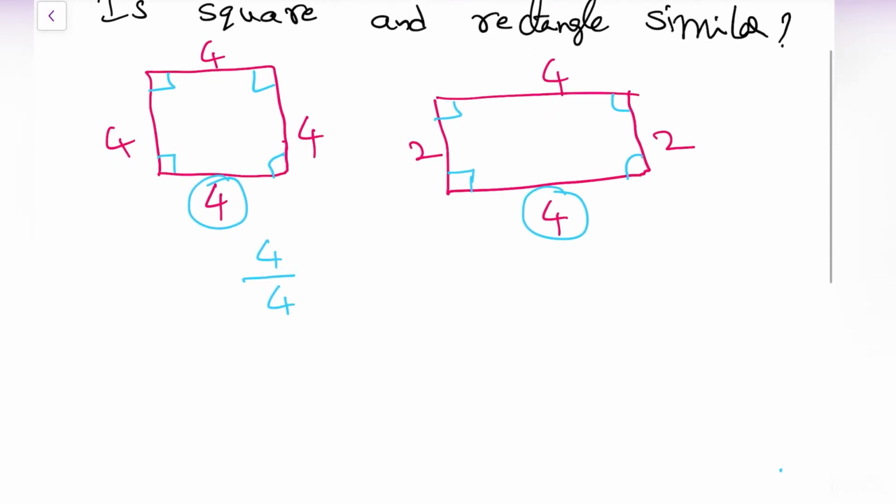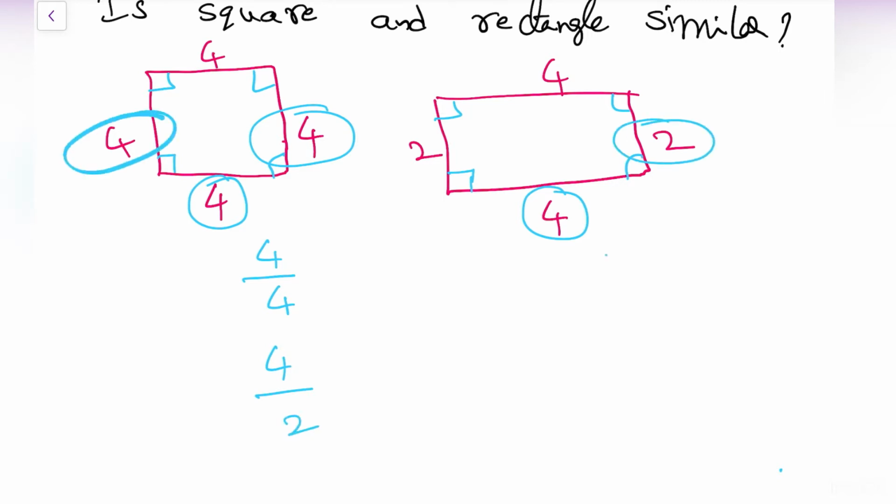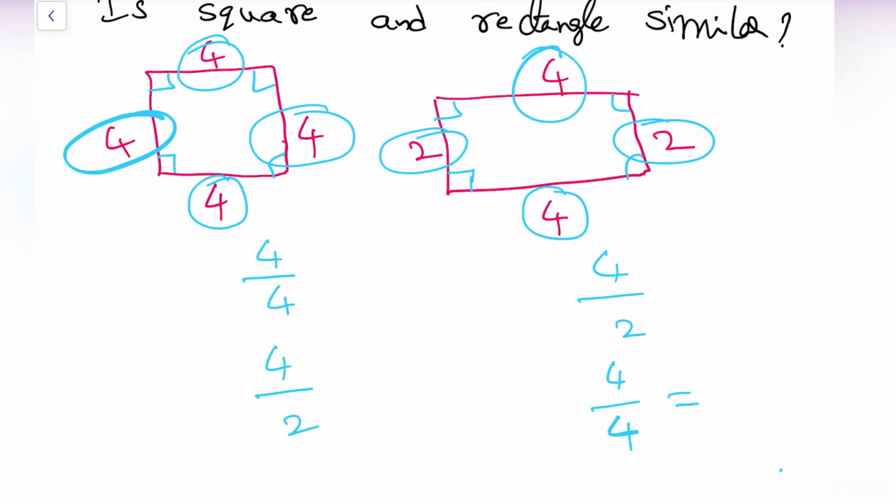Next, right side of the square divided by right side of the rectangle. Left side of the square divided by left side of the rectangle. Top of the square divided by top of the rectangle. If all these values are exactly equal to each other, then we can conclude that these two figures are similar, otherwise not similar. Let us check.